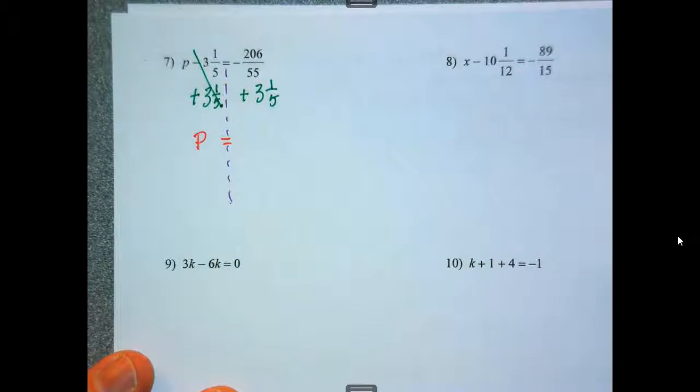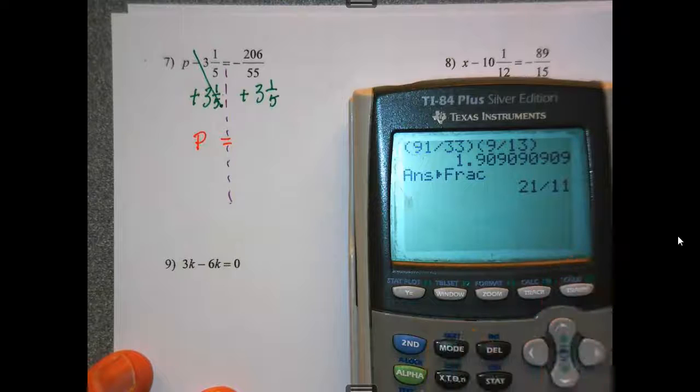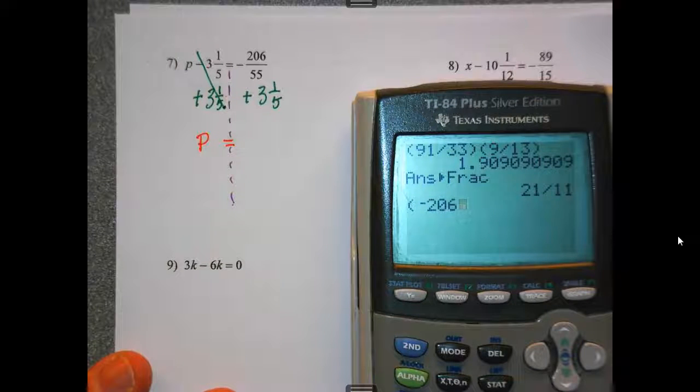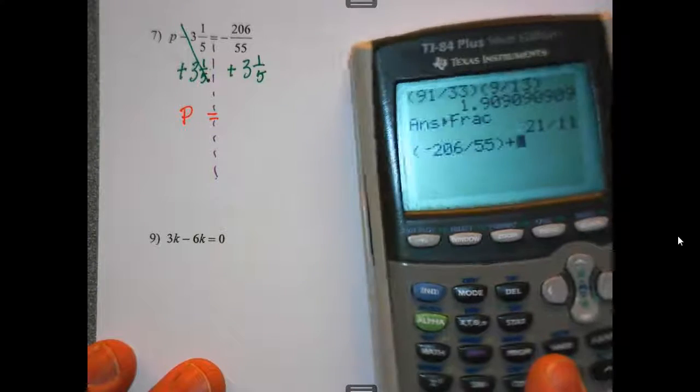And hopefully I can remember how to do mixed numbers in a calculator. So I'm going to take my negative 206 divided by 55. I'm going to add to it my 3 1/5. Now, this is how you put mixed numbers into these calculators.